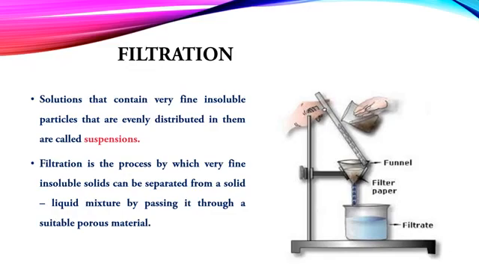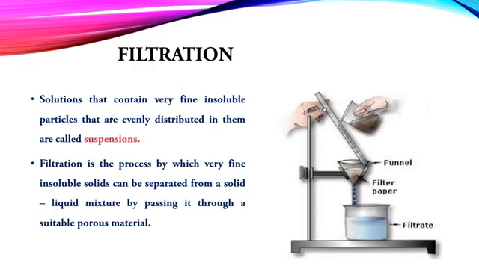The liquid tea passes through the small holes of tea strainer and collects in the cup below. The tea leaves do not pass through the tea strainer. The tea leaves remain behind on the tea strainer. The used tea leaves are separated from prepared tea by the method of filtration.